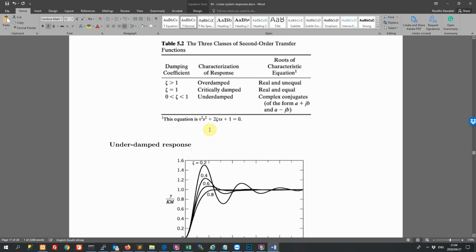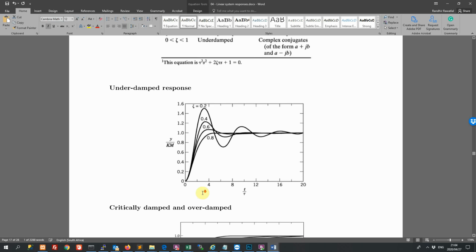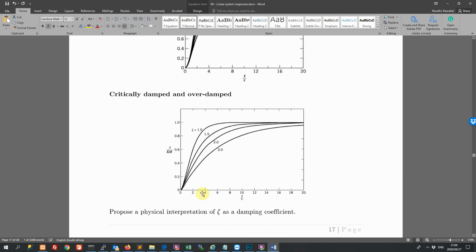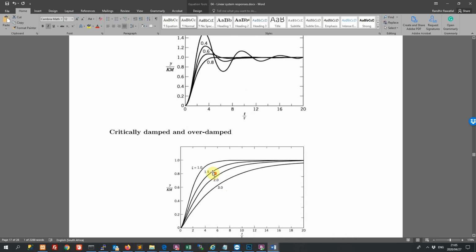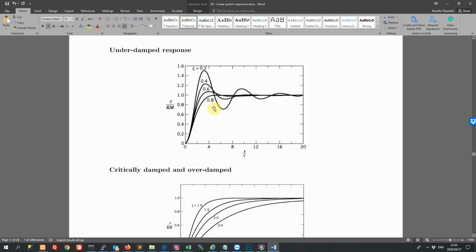So because we have this nice representation in zeta, as we change zeta, we can see how far this thing is going to bounce above the value. Here we are looking at zeta in a different range. This kind of behavior can be observed in the so-called underdamped response.